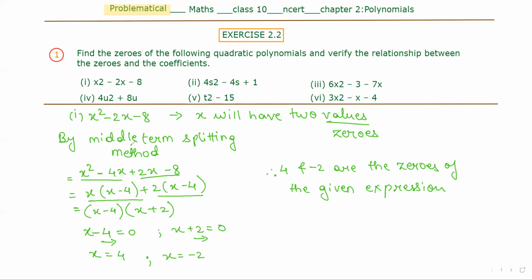Now, the second part is to verify the relationship between zeros and coefficients. For this, you should know what the relationship between zeros and coefficients is. Zeros here are 4 and minus 2. The expression is x squared minus 2x minus 8.